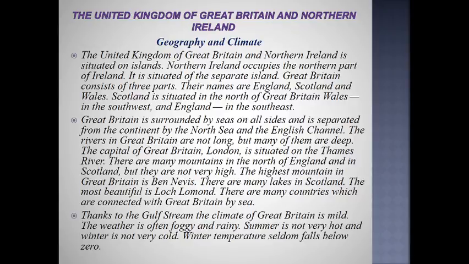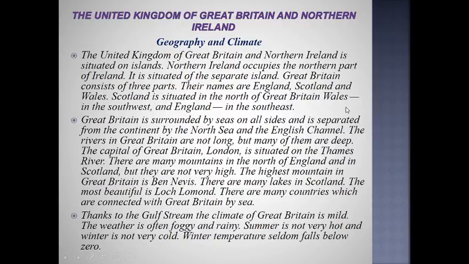And now, please, read this text together. І давайте прочитаємо текст про географічне положення ще раз та клімат Великобританії разом. The United Kingdom of Great Britain and Northern Ireland is situated on islands. Northern Ireland occupies the northern part of Ireland.